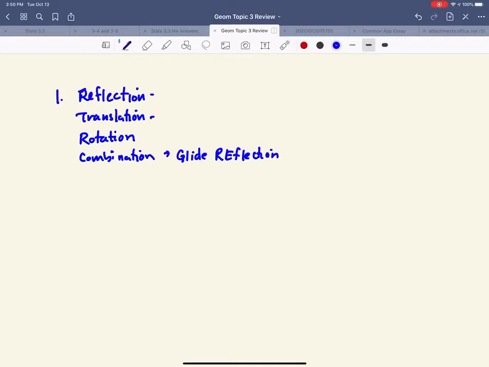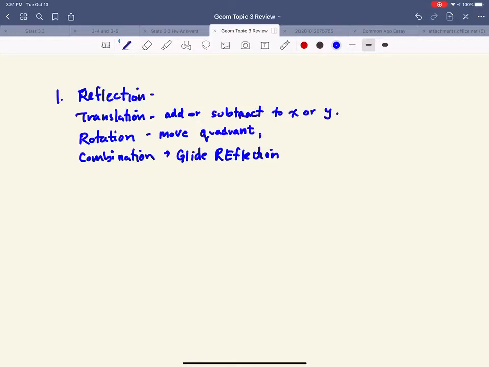So translation is when we add or subtract to either X or Y, or sometimes both. Rotation is when I usually, if I'm moving from the quadrants, right?